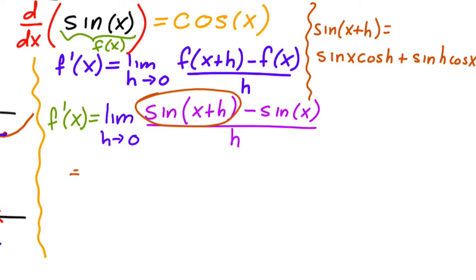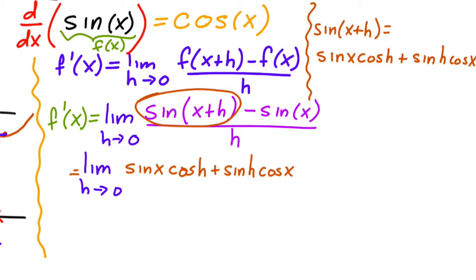So this is going to equal the limit as h approaches 0 of sine of what I just wrote down over here. So sine of x cosine of h plus sine of h cosine of x minus sine of x.